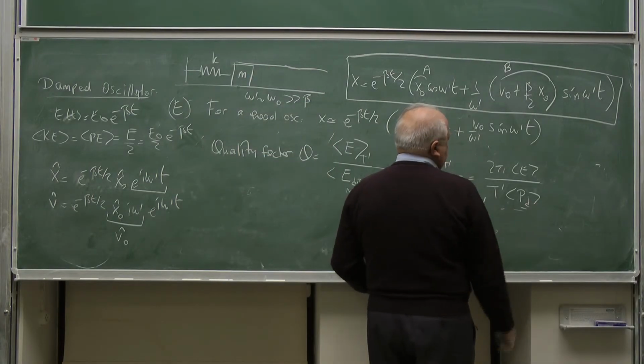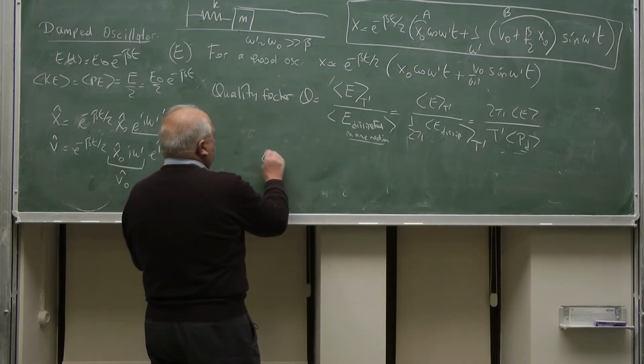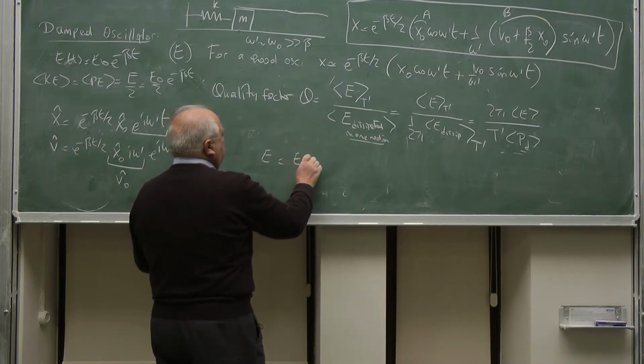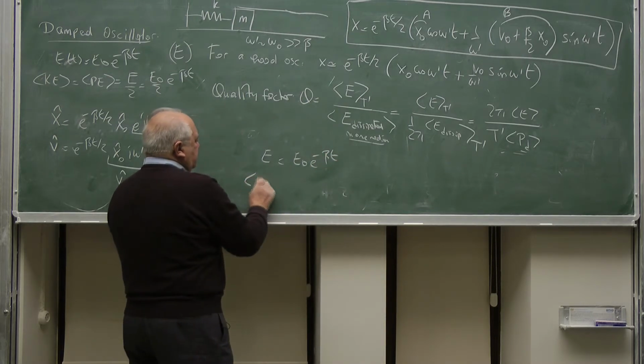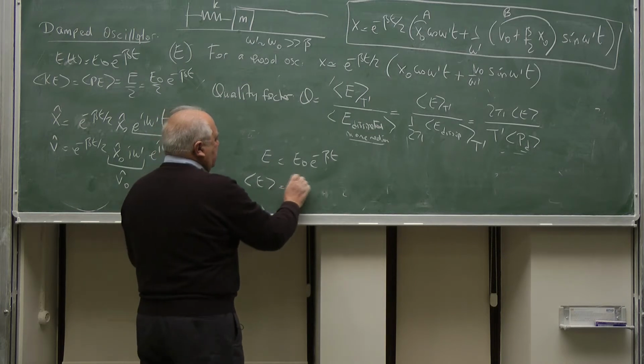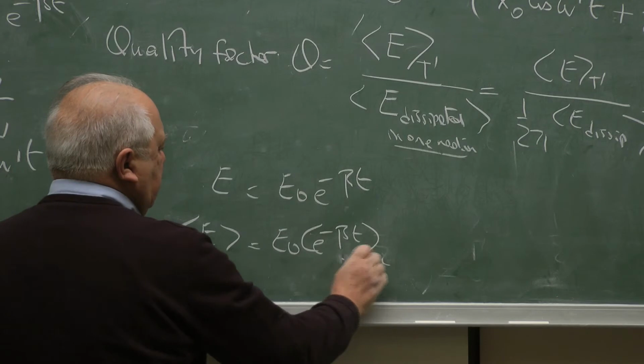So what is the power dissipated in one cycle? It's easy to compute. We have E equals E0 e to the minus beta t.